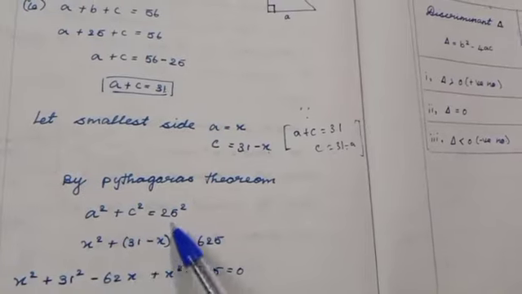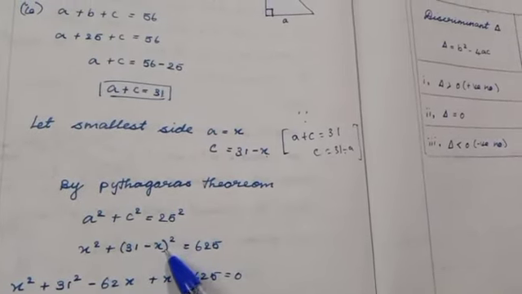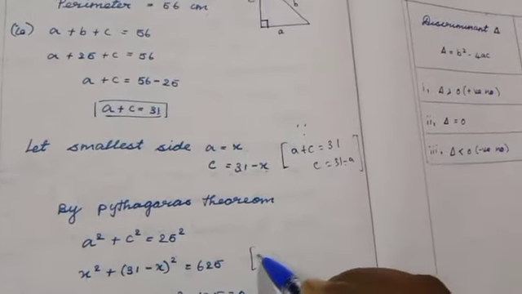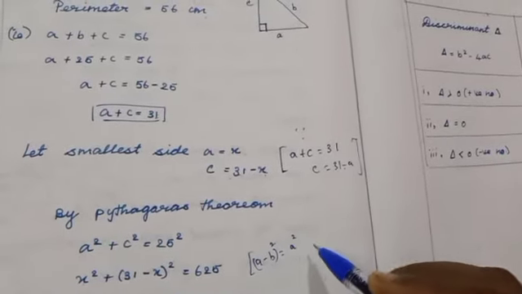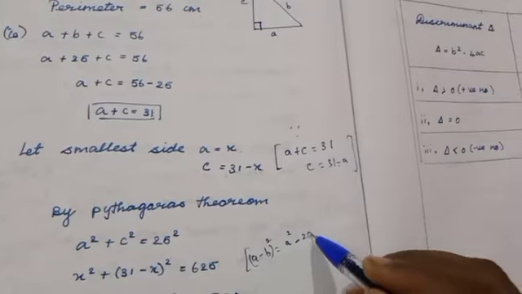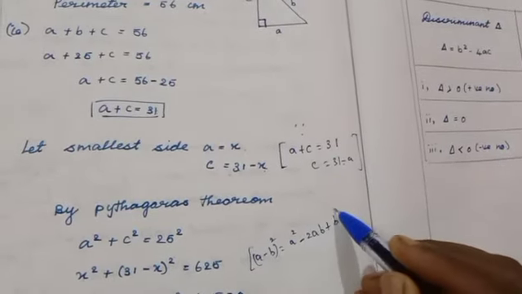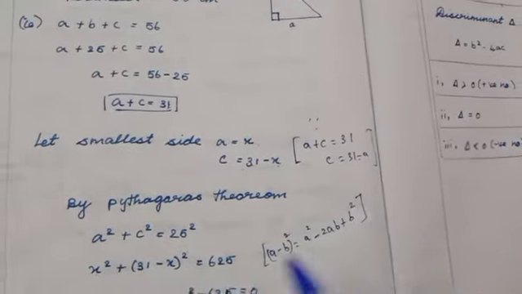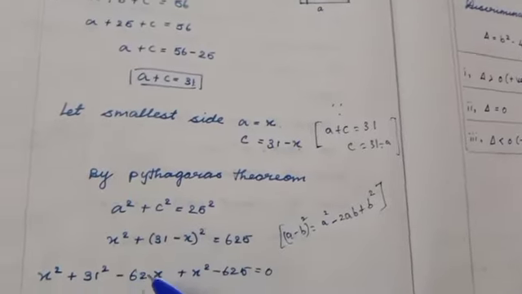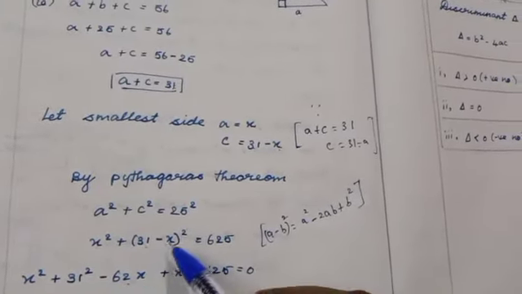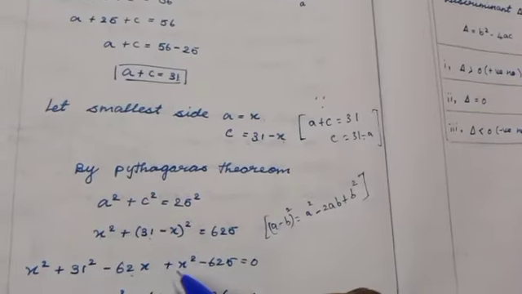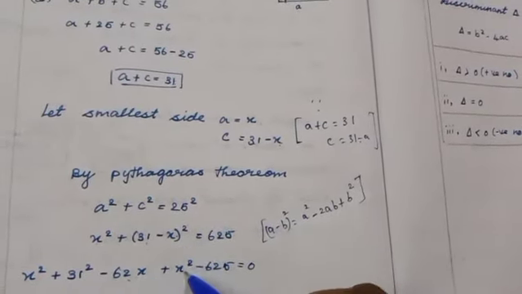For this value you have to find (A minus B) whole square. What is the formula for (A minus B) whole square? (A minus B) whole square is equal to A square minus 2AB plus B square. Okay students, so it is A square minus 2AB, that is 2 into 31 into x, that is 62x, plus B square, that is x square.